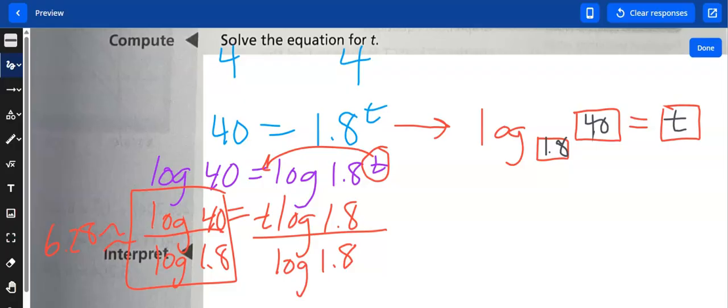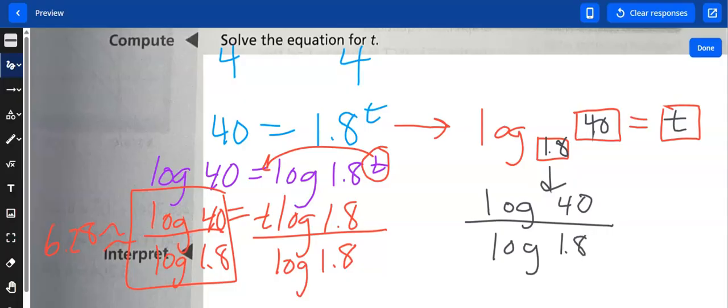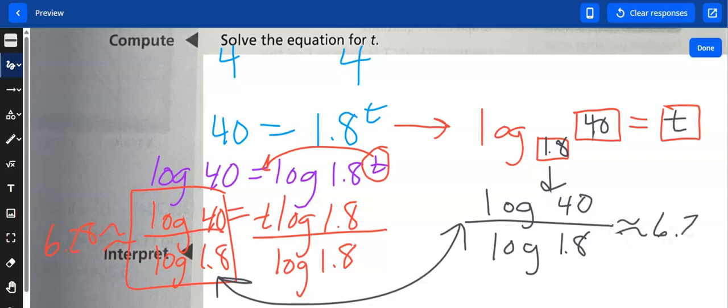You cannot forget about that method. So what does this turn into if you use the change of base? Log of the argument, log of the old base, which is log 1.8. And we can see that we got the exact same result no matter which way we did it. We got 6.28. So, quite honestly, at that point, I don't care which way you go with the question.